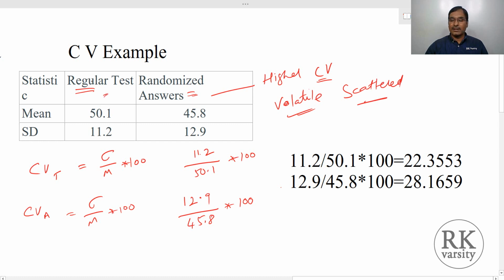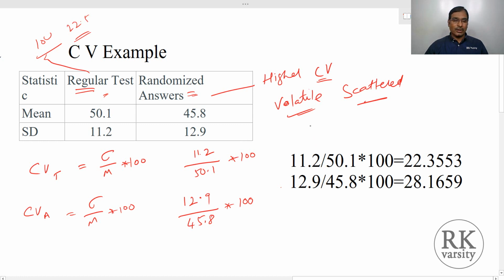In the case of the regular test, the CV is low, that is 22. So this is how you calculate the coefficient of variation, compare it across two or multiple data sets, and then interpret the result.